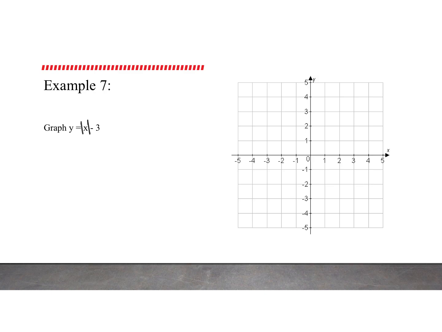Let's try this one. Example 7, graph y equals the absolute value of x minus 3. So crash course real quick with those symbols. That's called the absolute value symbol. And what that does is it takes whatever value is in there and it measures its distance from 0. So whether it's a positive number or a negative, we just want the actual measured distance from 0.